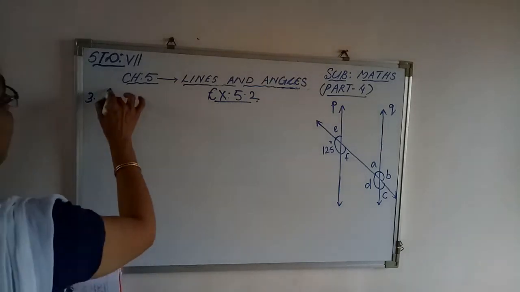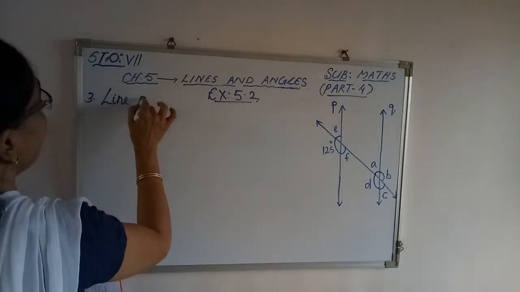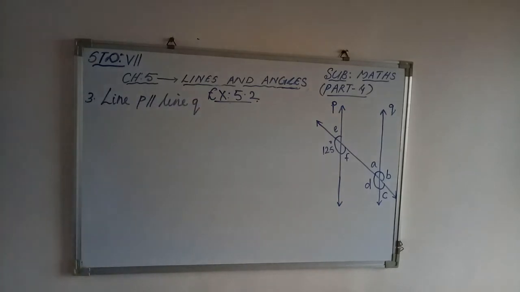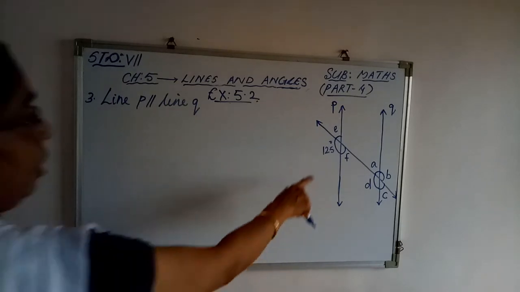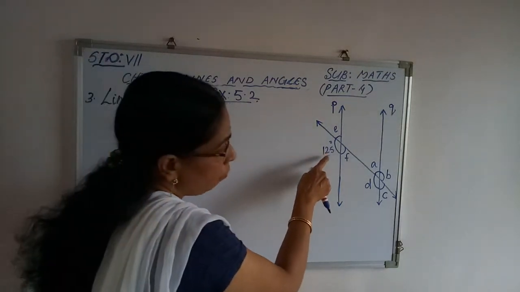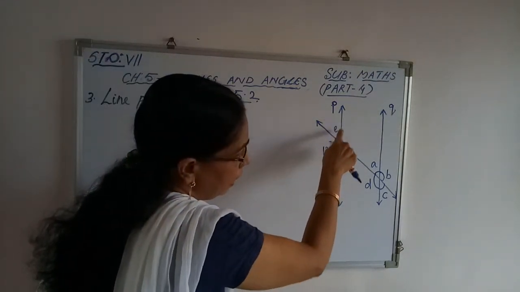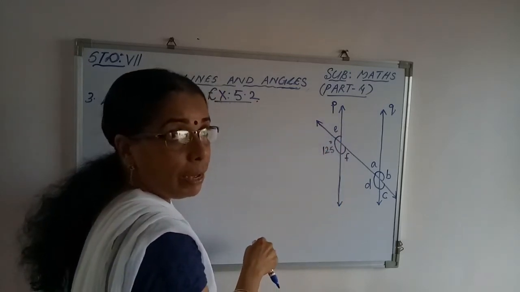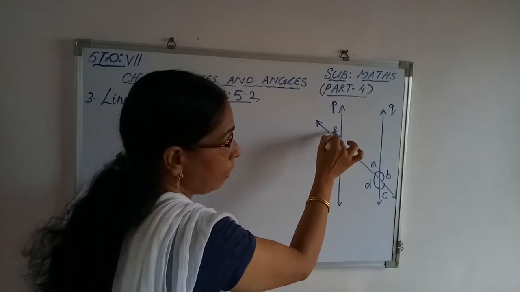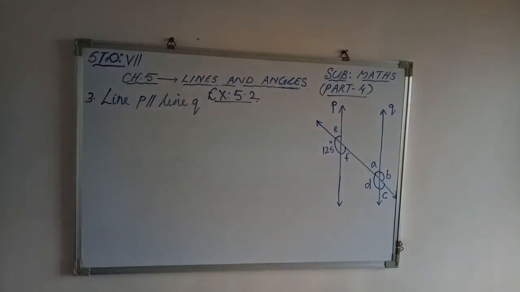See here. It is given line P is parallel to line Q. Now the angle given, 125 degrees, is the only angle which is given. Now listen to the figure. 125 and angle D make a linear pair. We have studied this, isn't it? 125 degrees plus angle E forms a linear pair.